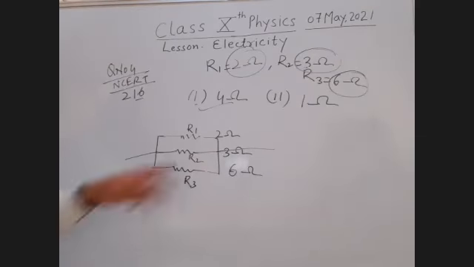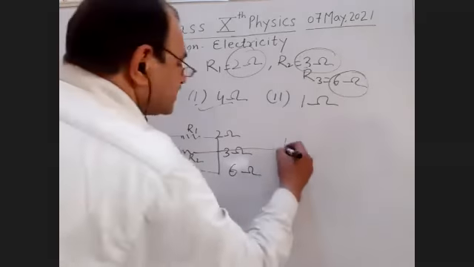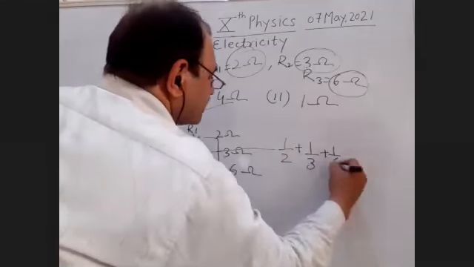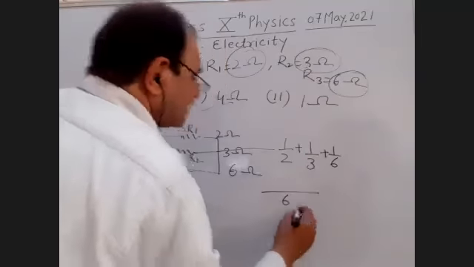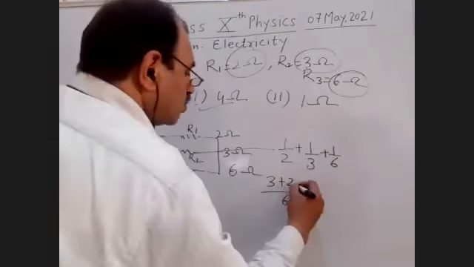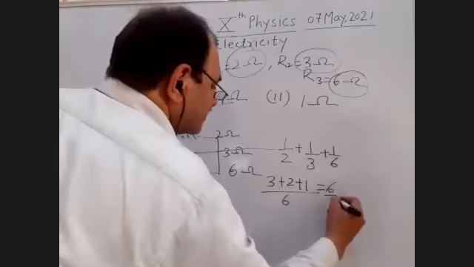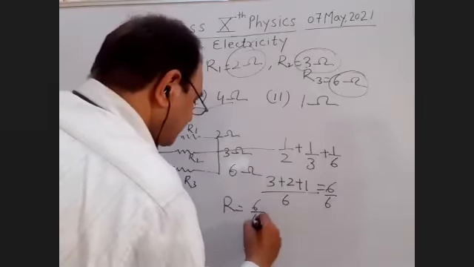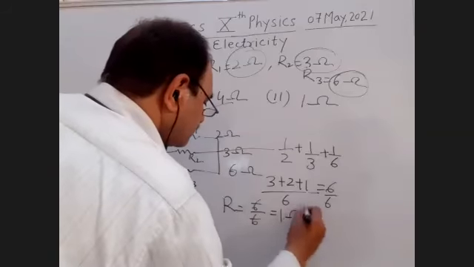Now, students, how can these three resistances be combined? So the answer: 1 by R is 1 by 2 plus 1 by 3 plus 1 by 6. LCM is 6, so 3 plus 2 plus 1 is 6 by 6, and R is equal to 6 by 6, means it is 1 ohm.